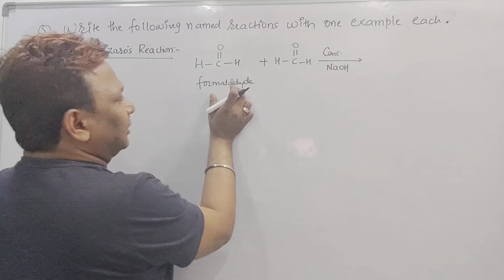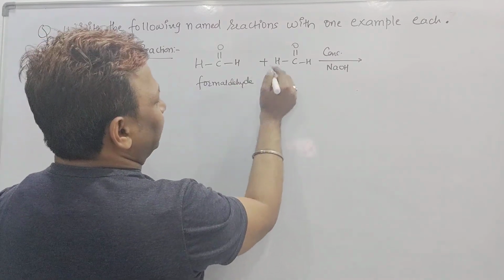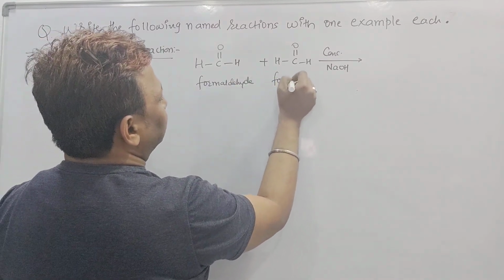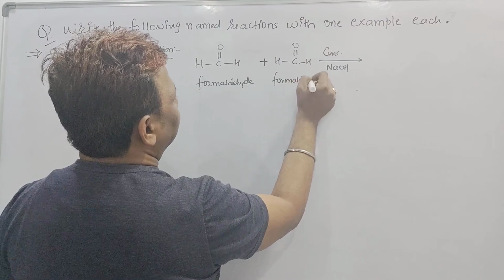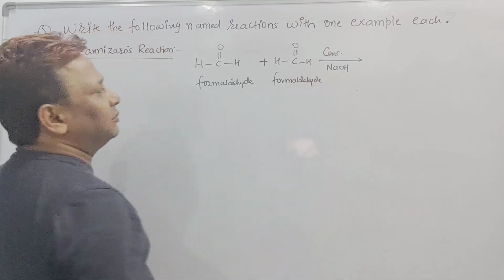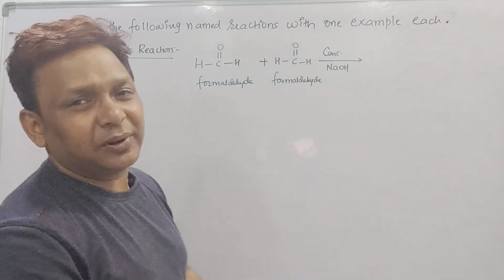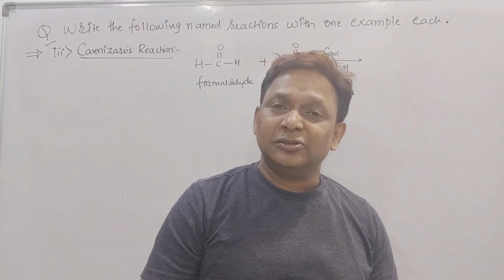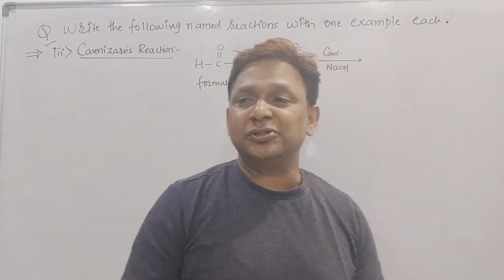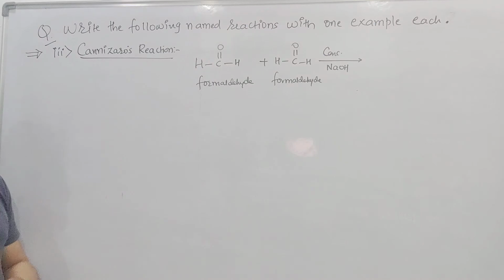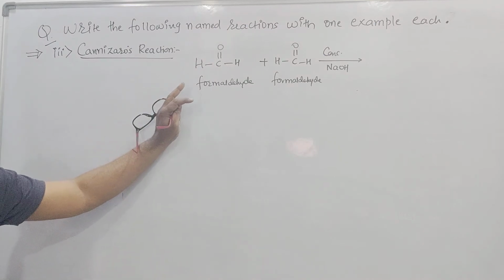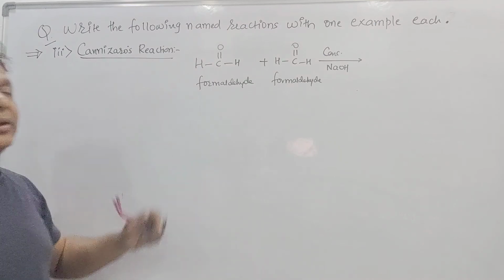One part will undergo oxidation and the other part will undergo reduction. This is also formaldehyde. One part undergoes oxidation, one part undergoes reduction, and this is called a disproportionation reaction.